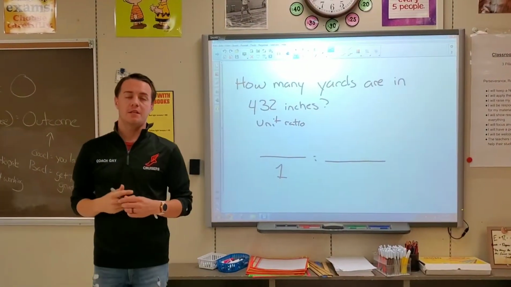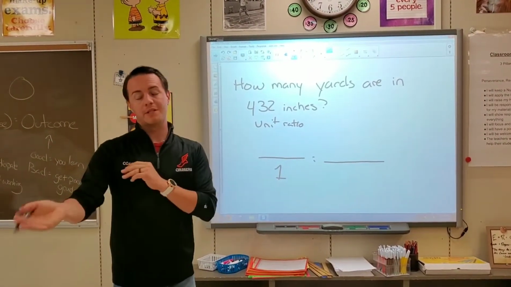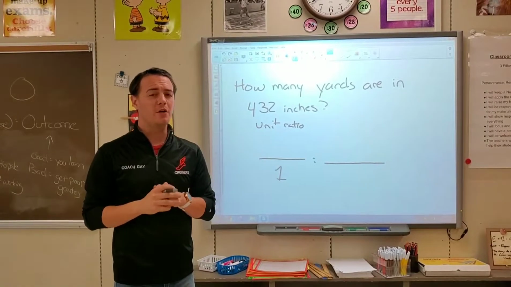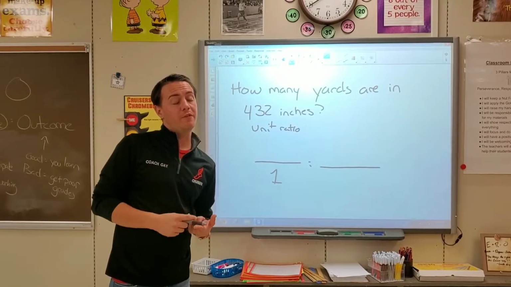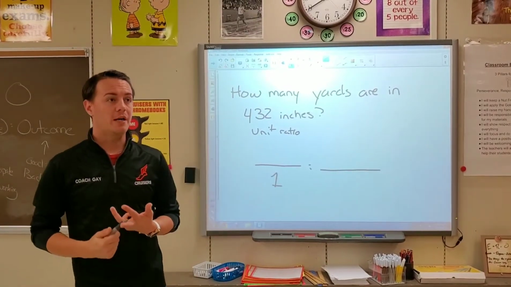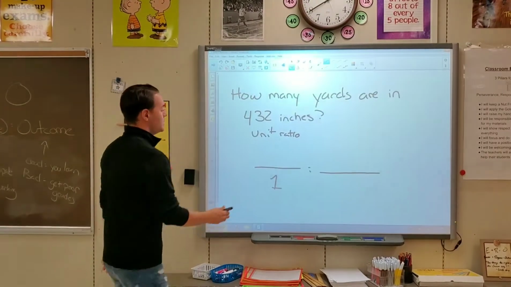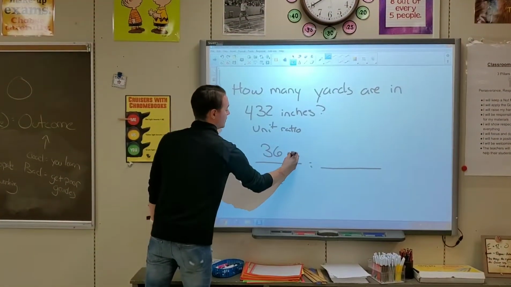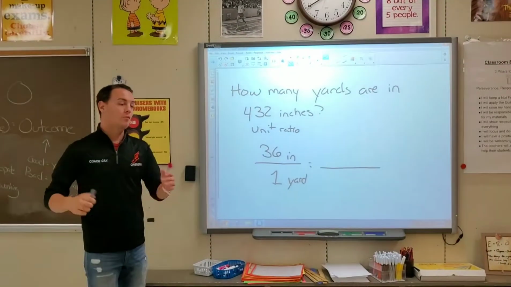I look and I see how many inches are in a yard. Well, on my table, I don't necessarily know that, but I know there are 12 inches in a foot, 3 feet in 1 yard. So by simple math, 3 times 12 gives me 36 inches in 1 yard. 36 inches in 1 yard.